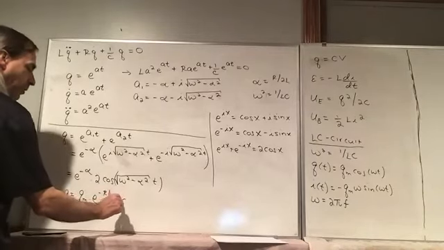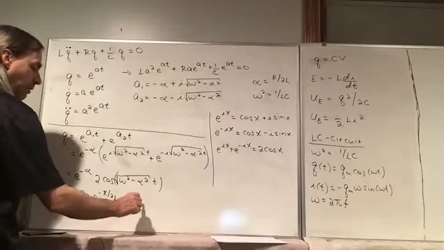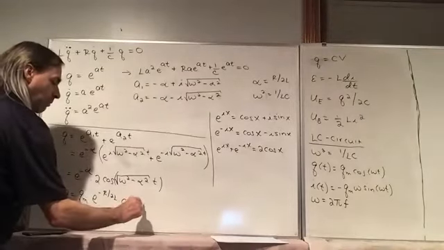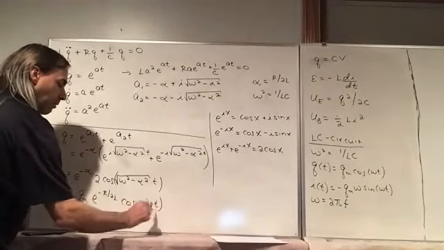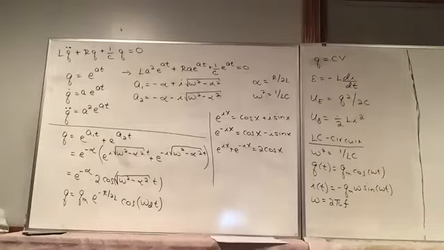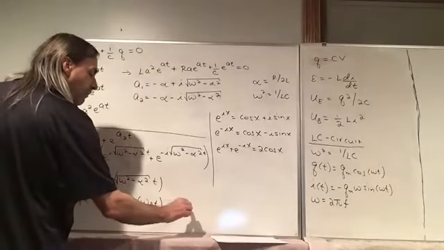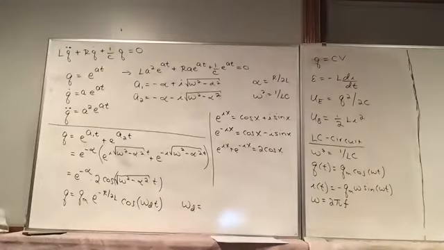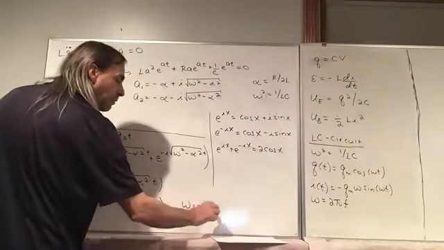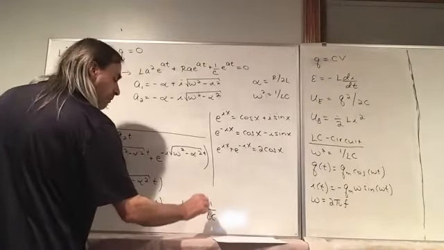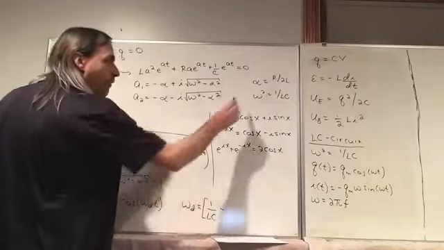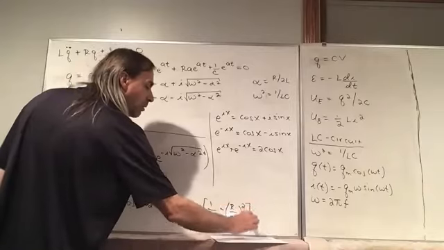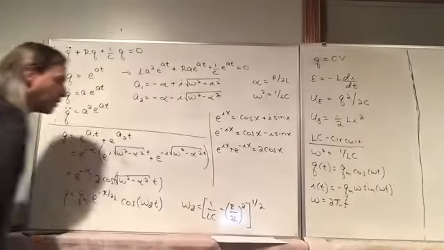And then we have cosine. I'm going to see how it's written in the book. The book writes it like this, where omega d is the square root of omega squared, which is 1 over LC, minus alpha squared, which would be R over 2L squared, and then we take the square root.